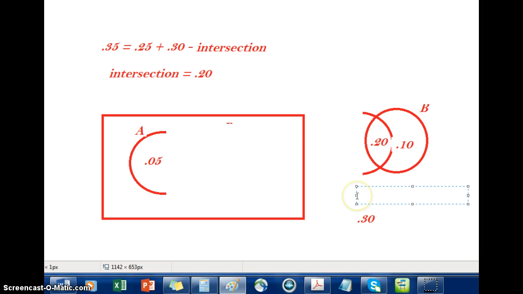And what portion of that 30% is actually in the A circle? If you look at our diagram, that 20% was in the overlap, so it's in B and also in A. So out of the 30%, you have 20 out of the 30 as your chances of being in A if you know that you're in the B circle. So that reduces down to 2/3.